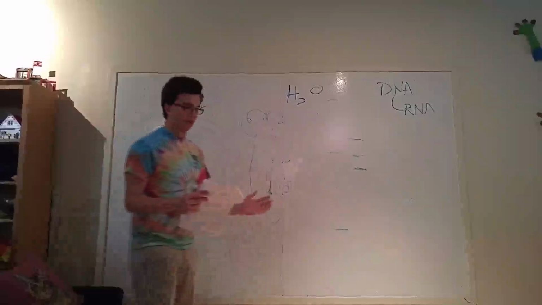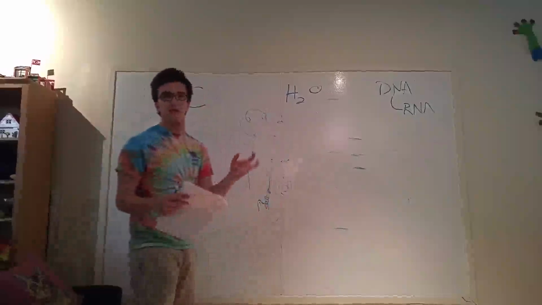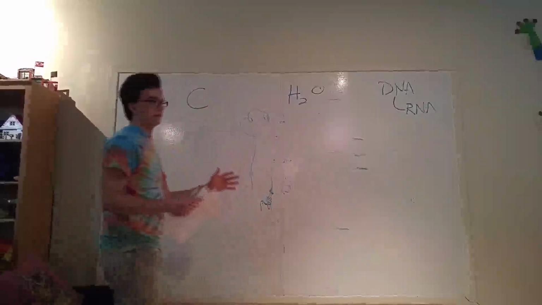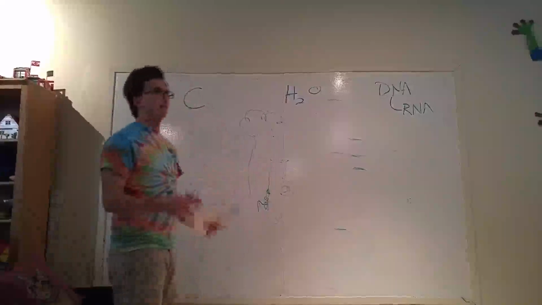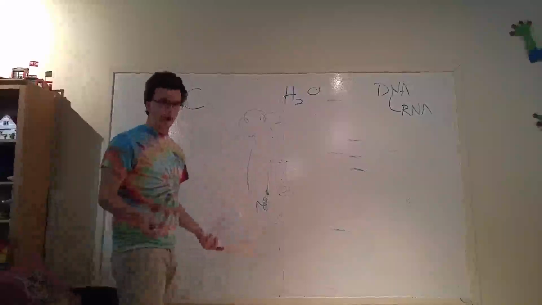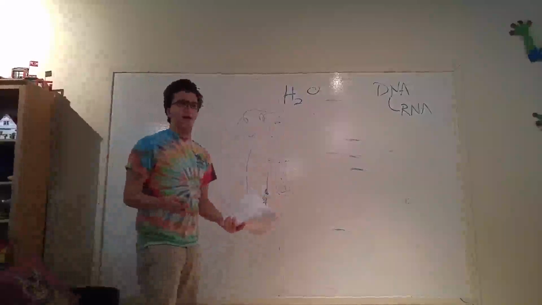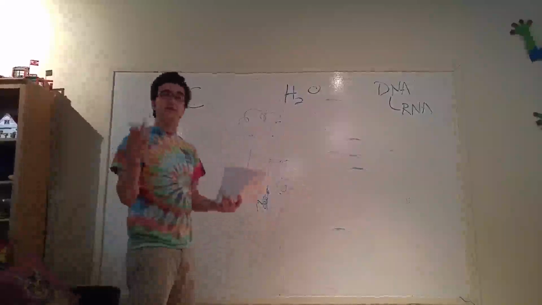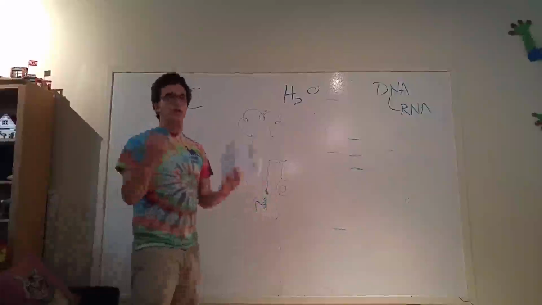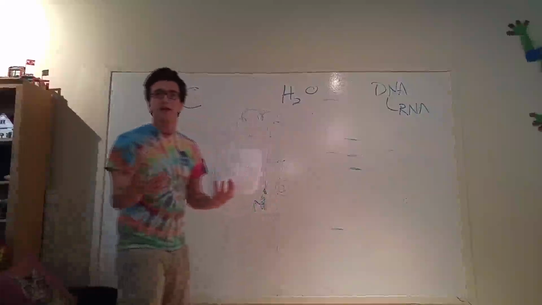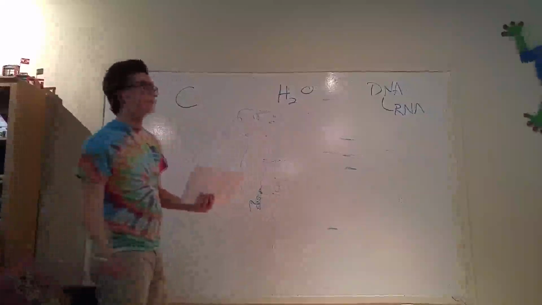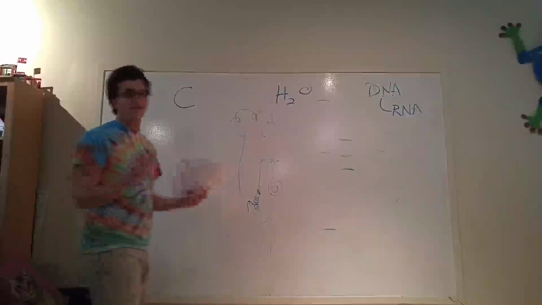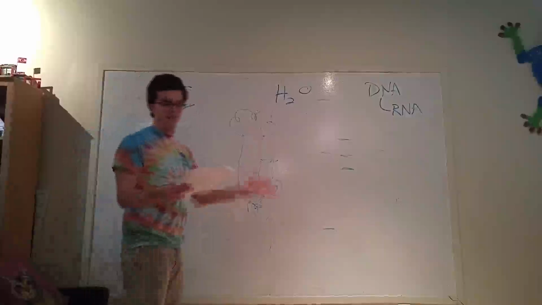So water is considered the universal solvent because almost everything will break apart in water. If you've ever tried to put salt in water, the salt actually seems to melt into the water, and that's the water breaking down the crystalline structure of the salt, and it's acting as that solvent, and it forms salt water.